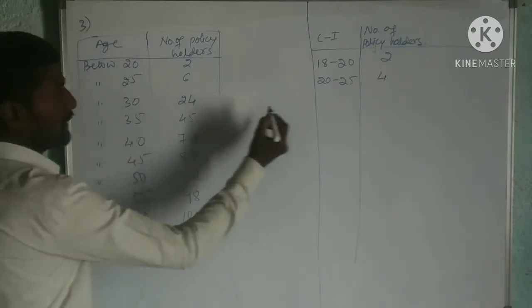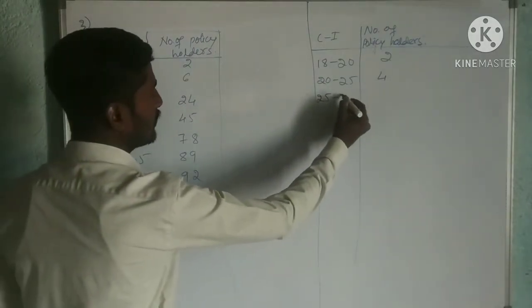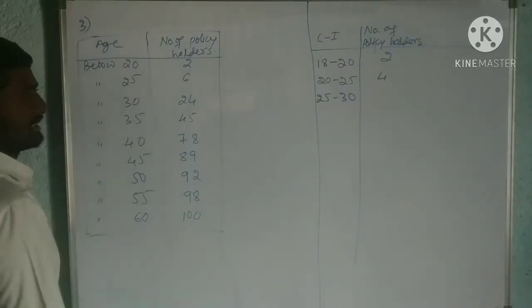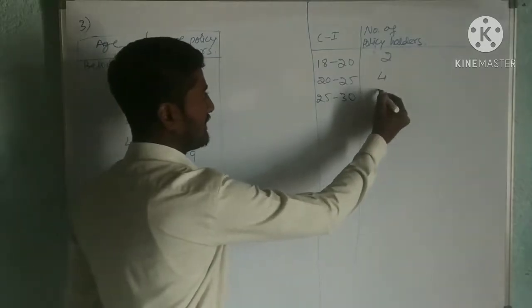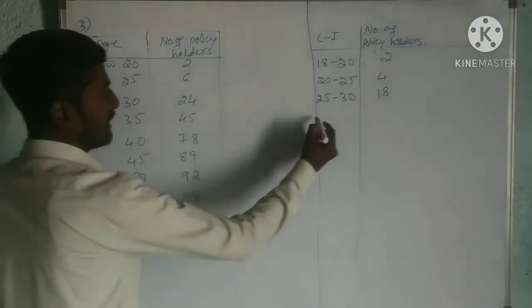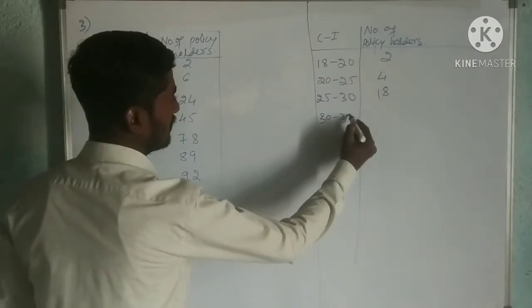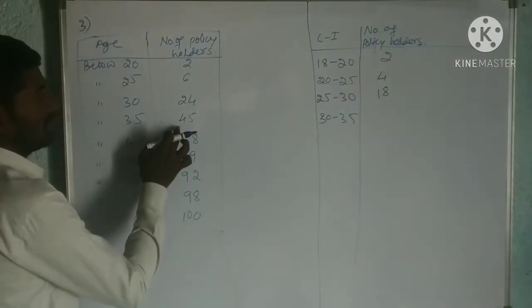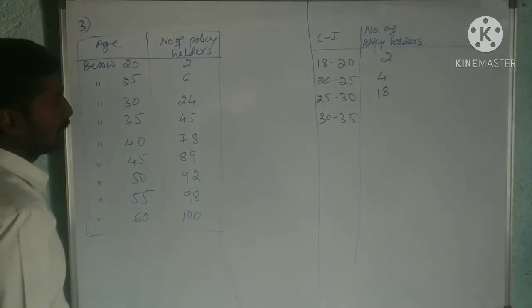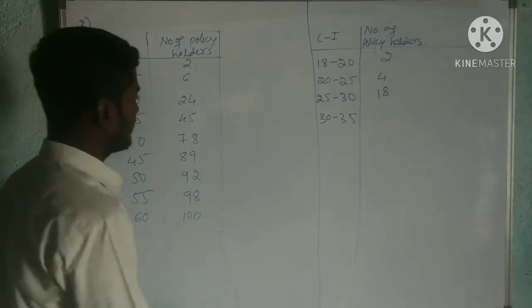Then 25 to 30. Again 24 minus 6. How much is it? 18 people are there. Next, 30 to 35. That is 45 minus 24, 21.